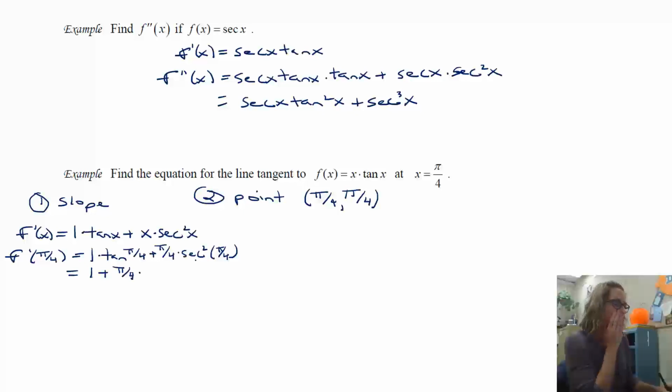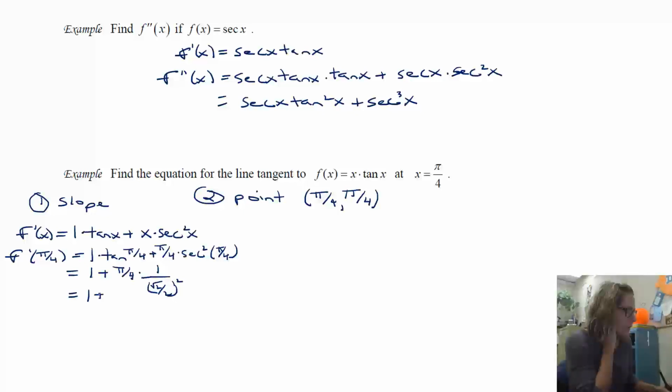So you want to remember that this is 1 over cosine squared of pi over 4. Cosine of pi over 4 is root 2 over 2. So you end up with 1 over root 2 over 2 squared. And you can look at this a couple different ways depending on your trig background, but like that.